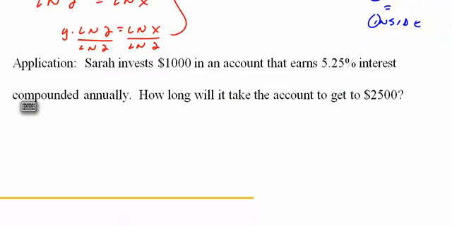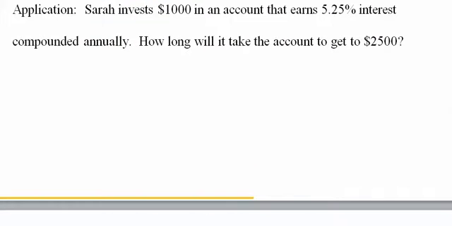So then we get lots and lots of applications. Sarah invests $1,000 in an account. How long does it take to get $2,500? 2,500 is what she gets, 1,000 is what she starts with. Simple interest: 1.05 to the t.